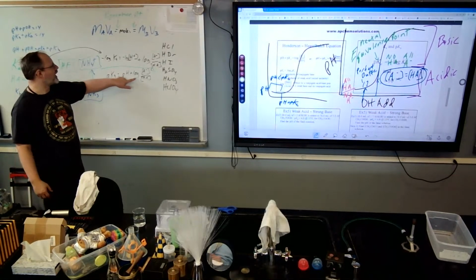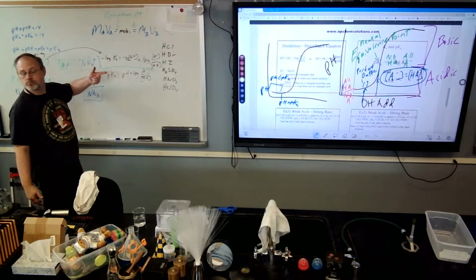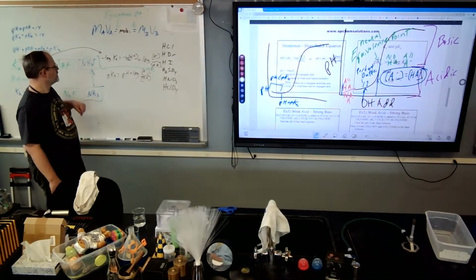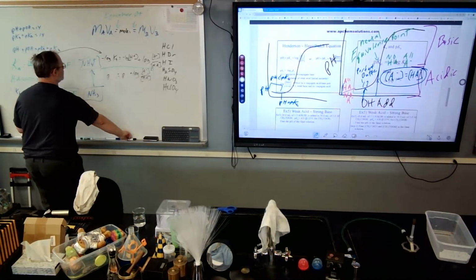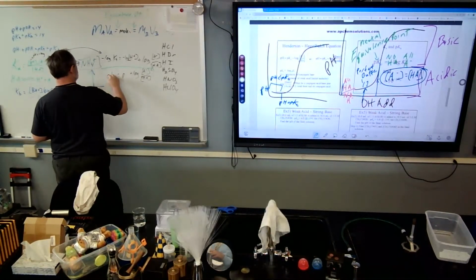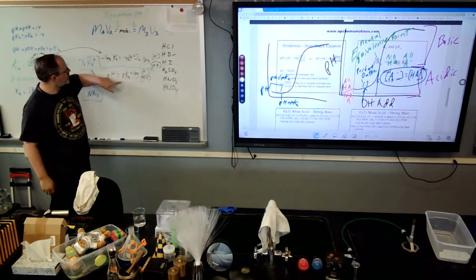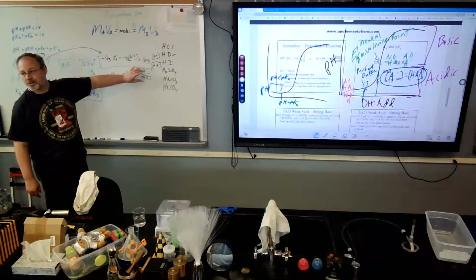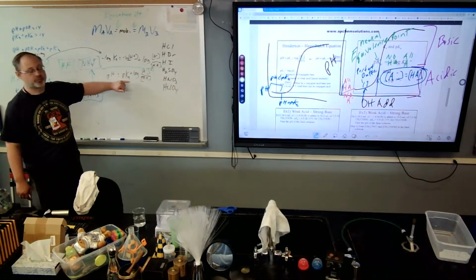So the pH is the pKa plus that negative log. Anyway, the fraction is less than 1, so you are reducing the pH: it's pKa minus something.